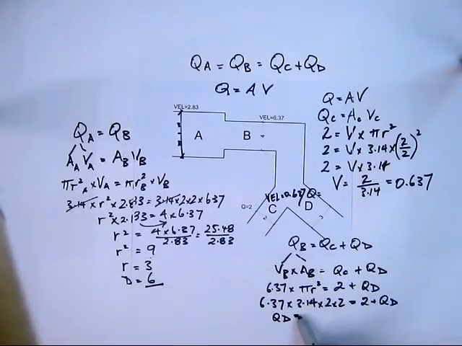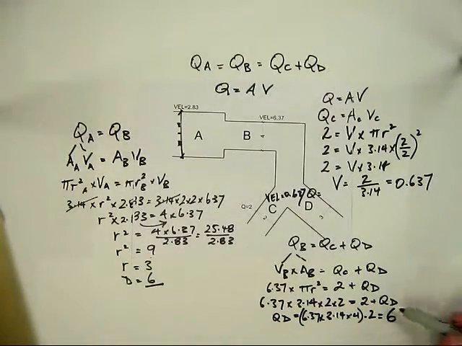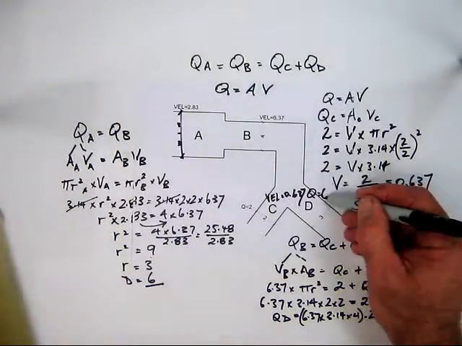The flow rate at D equals 6.37 times 3.14 times 4. We put some brackets around that, transpose the 2, and we find that equals 6. So the flow rate at D equals 6.